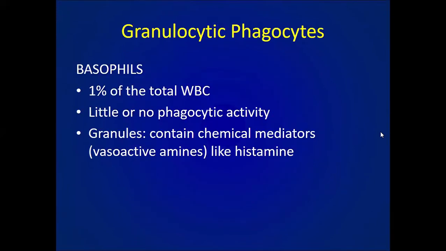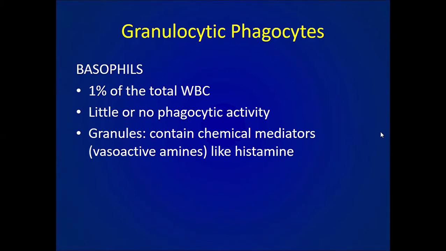Then we have the last one, the basophils. It represents about 1% of the total WBC. It does not have phagocytic activity. The granules may contain chemical mediators like your vasoactive amines, like histamine.